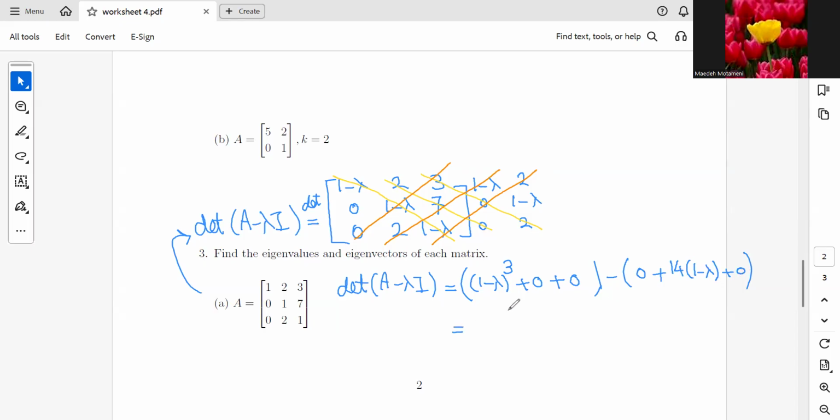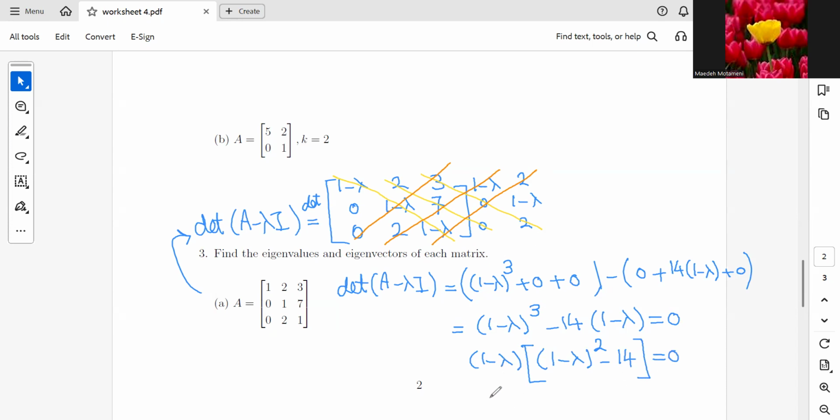So if we multiply them and then simplify, we would get 1 minus lambda cubed minus 14 times 1 minus lambda, which we want to be 0. So you can put them equal and move the 14 times 1 minus lambda to the other side, or you can factor out 1 minus lambda. And from the first one, we would have 1 minus lambda squared and -14 from the second one.